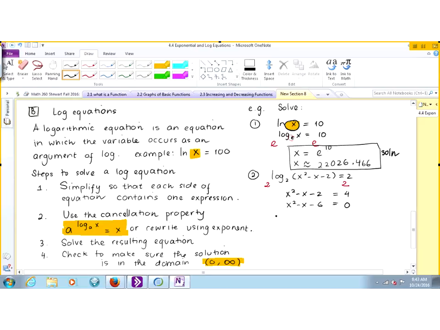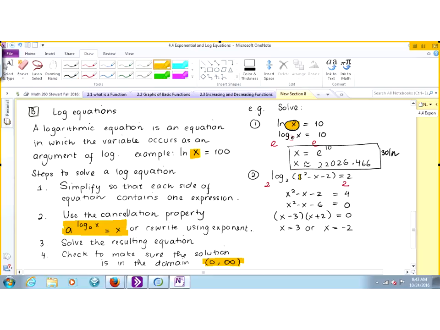Oh, subtract 4 from both sides? Yeah. So factor? x minus 3, x plus 2. So x is 3, right? Or x is equal to negative 2.